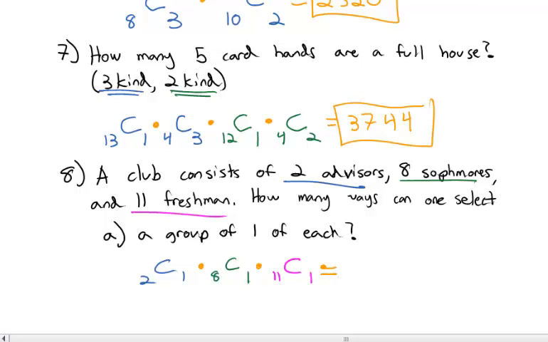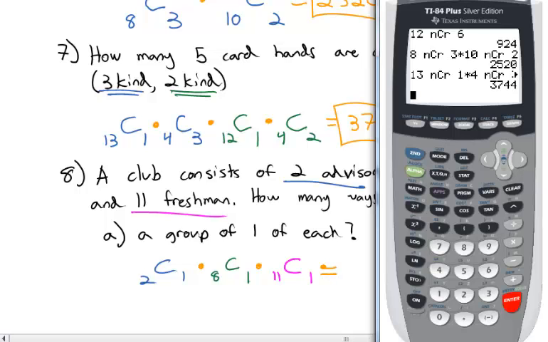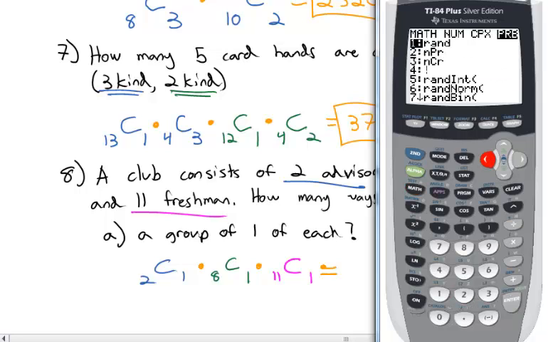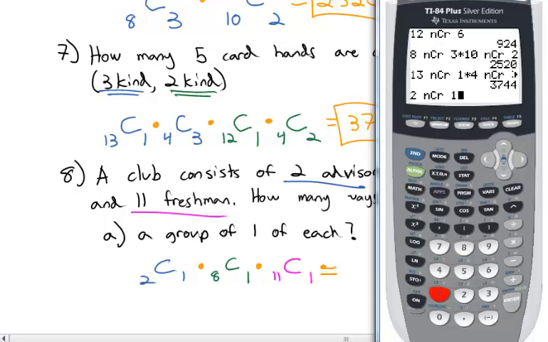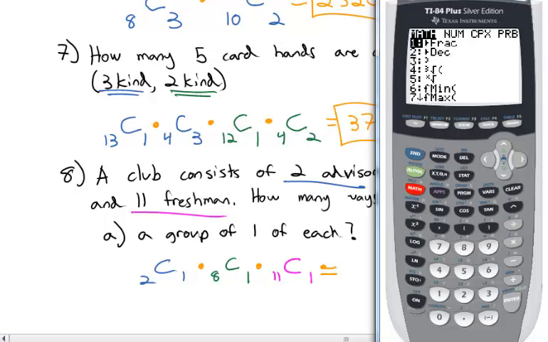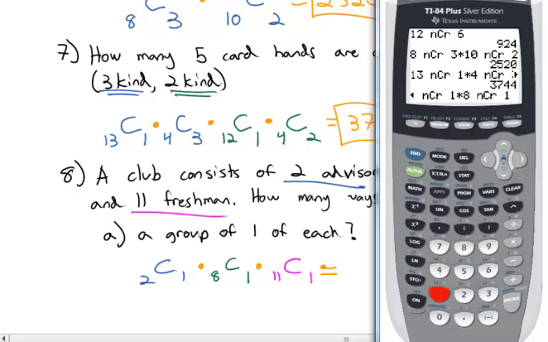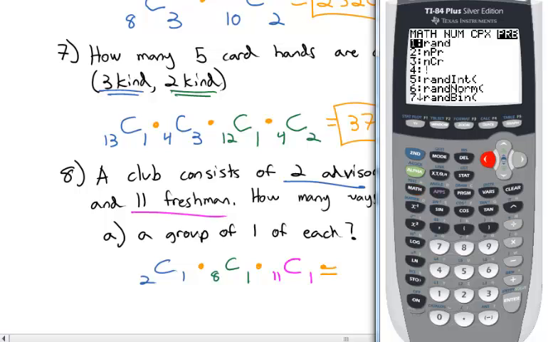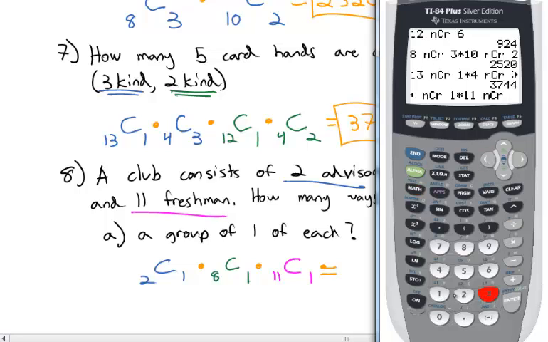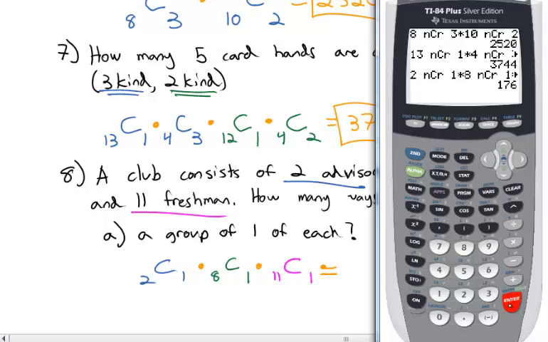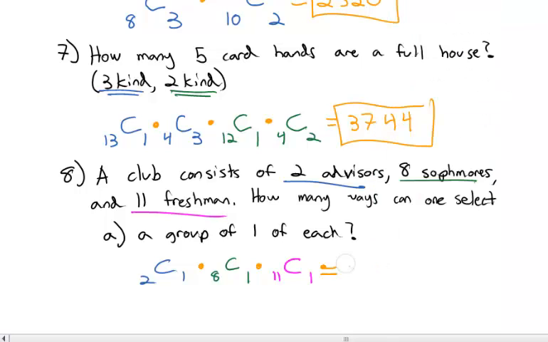And when we do that on our calculator, 2 math choose 1 times 8 math over to probability, option number 3 is choose 1 times 11 math over to probability, choose 1. Enter. There are 176 different ways we could choose 1 advisor, 1 sophomore, and 1 freshman.